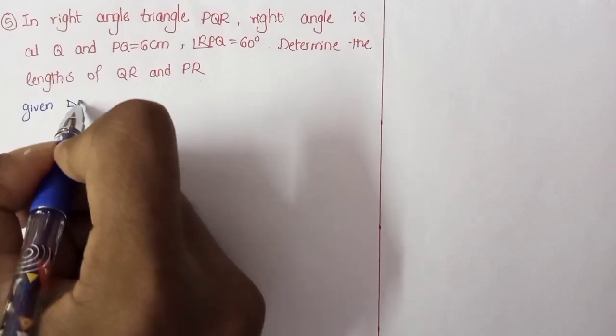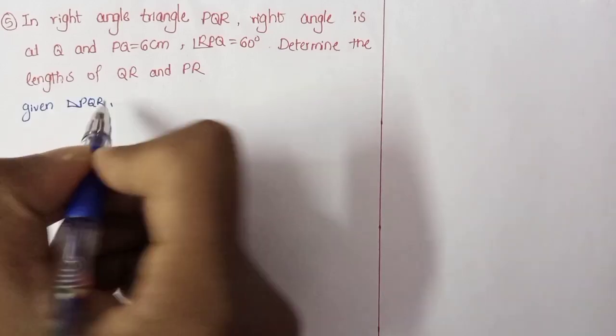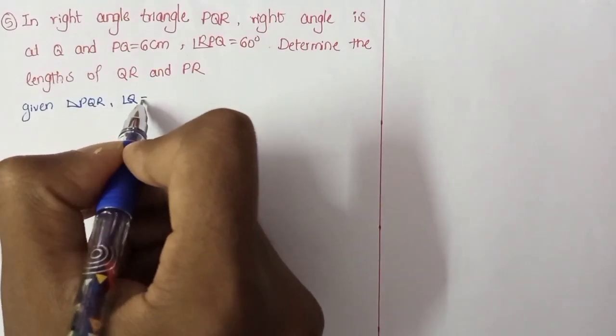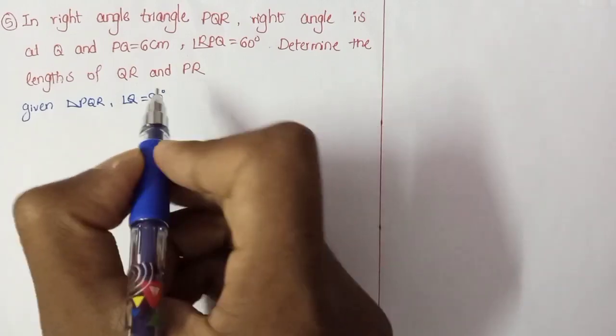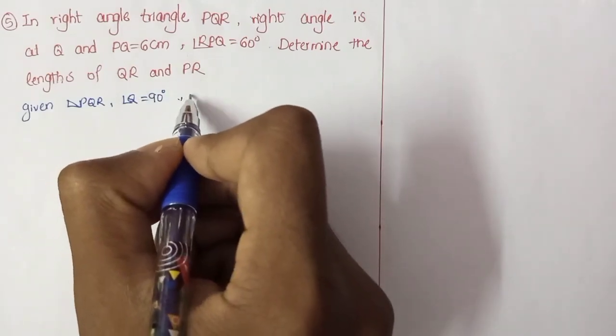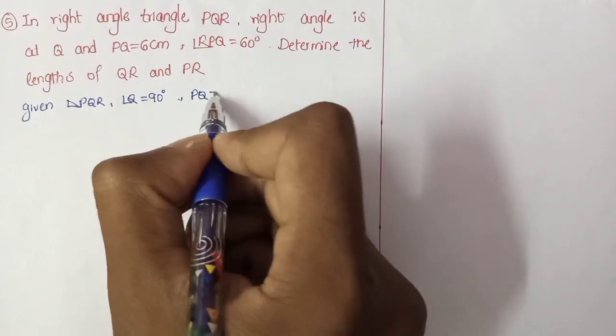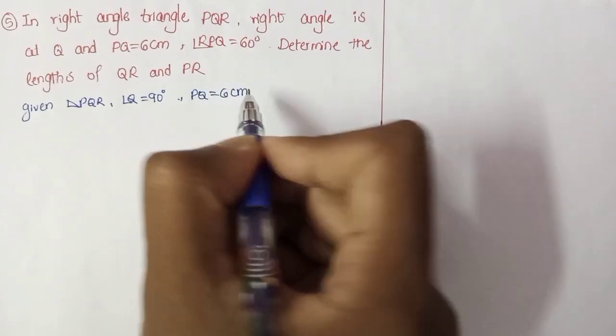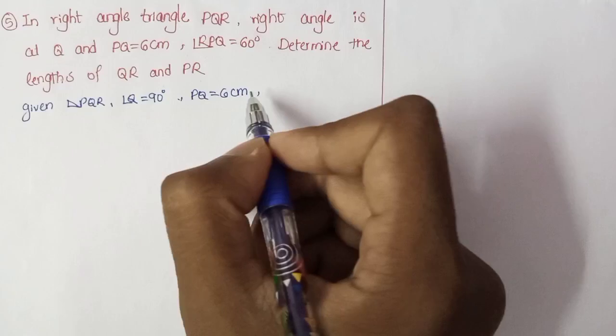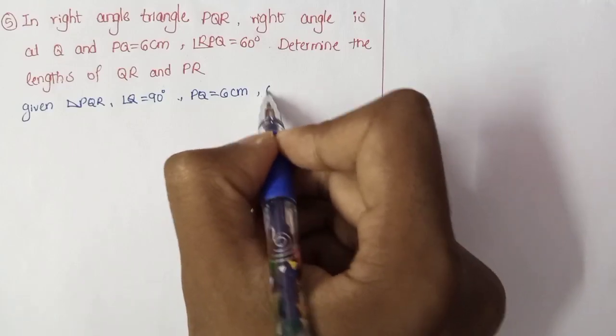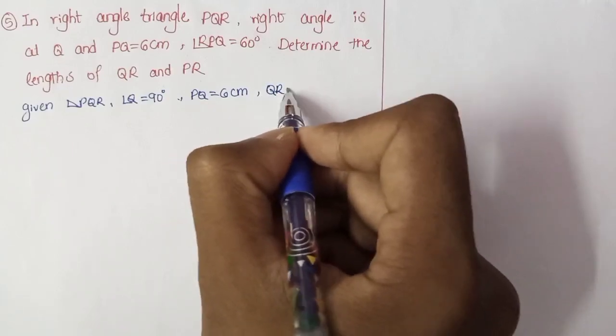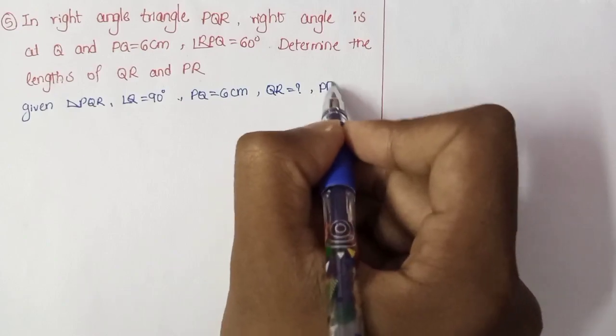There is a right angle triangle PQR in which angle Q is a right angle, that is angle Q is 90 degrees, and the side length PQ is given, that is 6 centimeters, and for a triangle there are 3 sides, so they have asked for the remaining 2 side lengths. QR is what and PR is what?